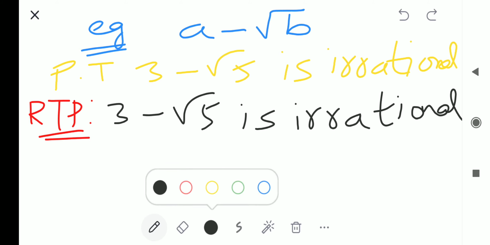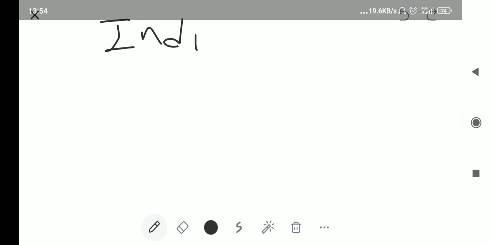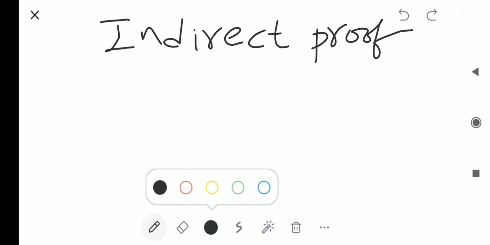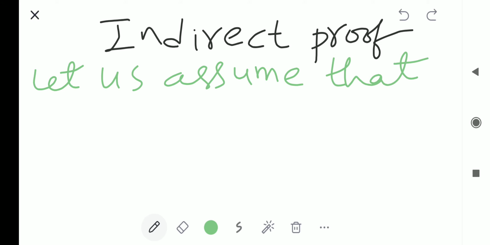And as I told you, the solution of this problem should be proved by indirect proof. In indirect proof, we start with the statement which makes RTP false. So let us assume that 3 minus root 5 is rational.